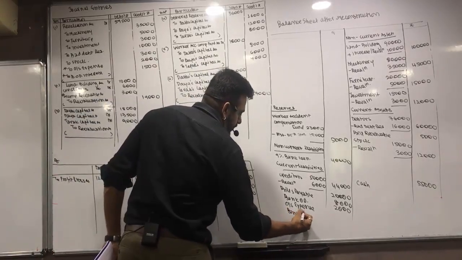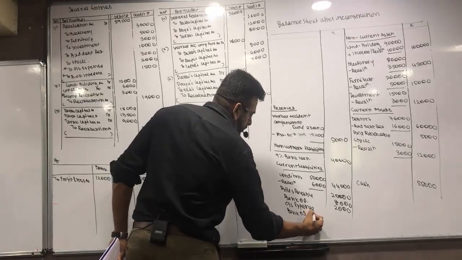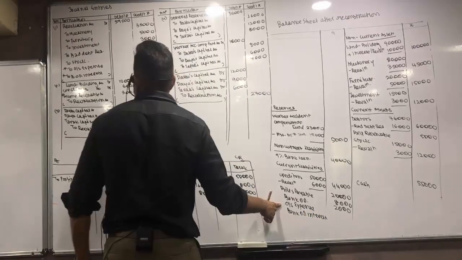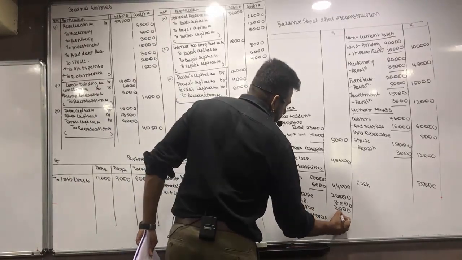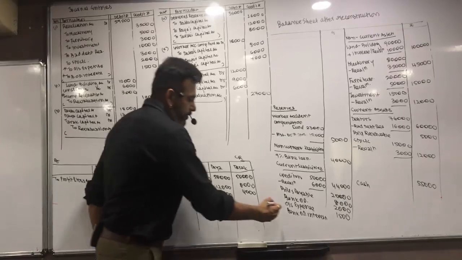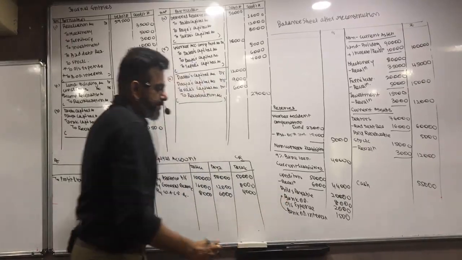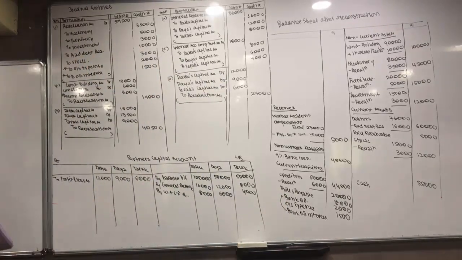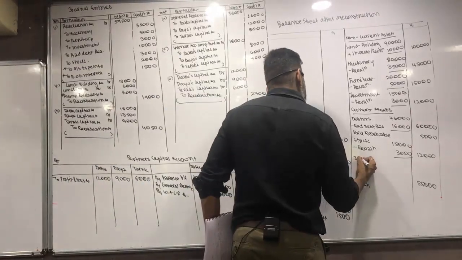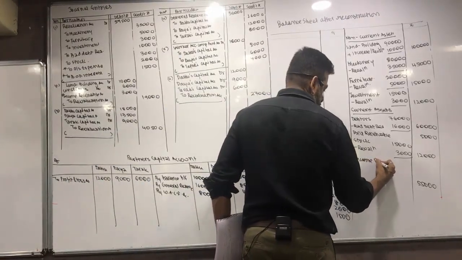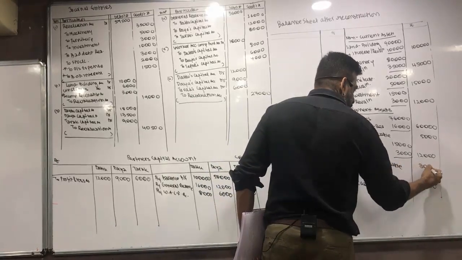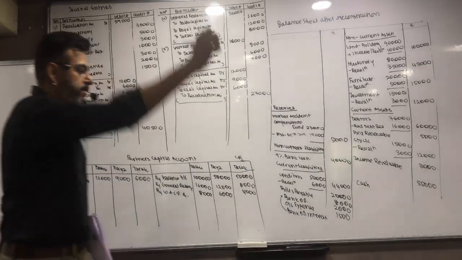Bank overdraft interest 1,500 can simultaneously be added to bank overdraft. Then income receivable 3,000. Got it?